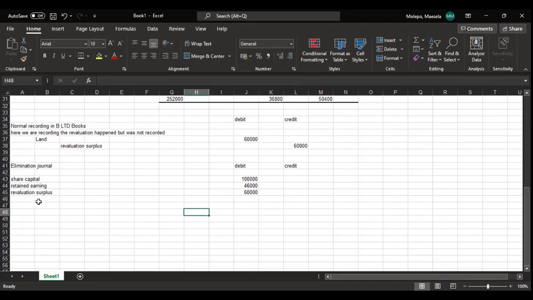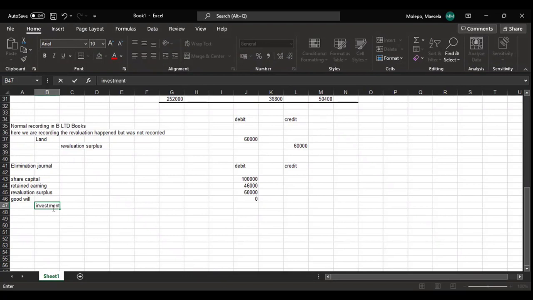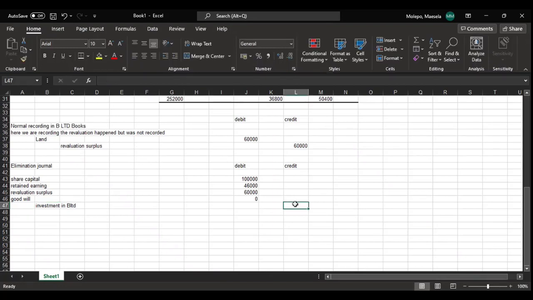Then we don't have a goodwill to be recognized. Then the investment that happened, it was for how much? We invested 164,800. So when you add this, they give us 206, but this one side is 164.